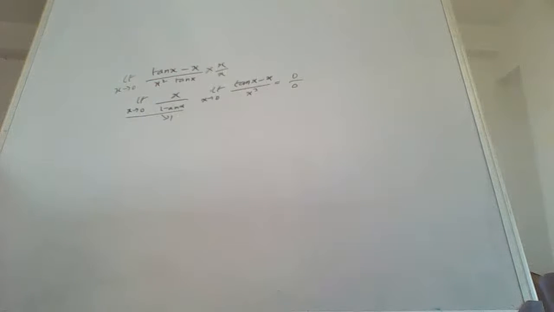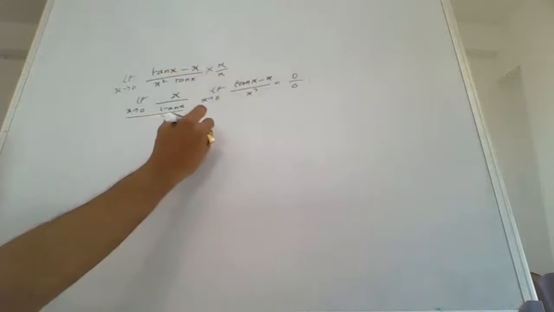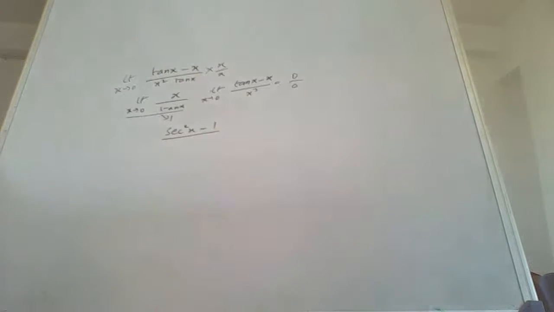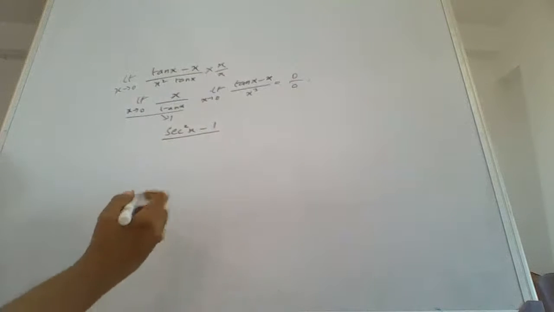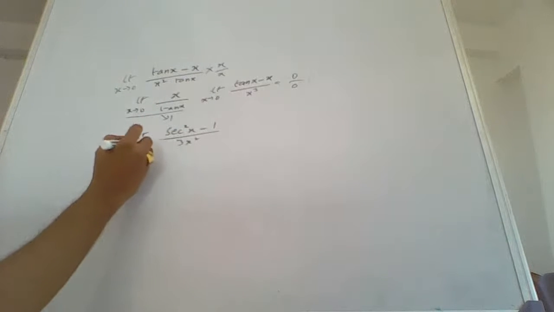Now using L'Hopital rule, let us differentiate the numerator and the denominator with respect to x. I get secant square x minus 1 over 3x square as x tends to 0.